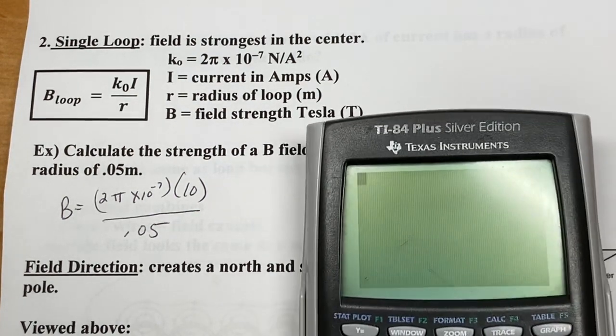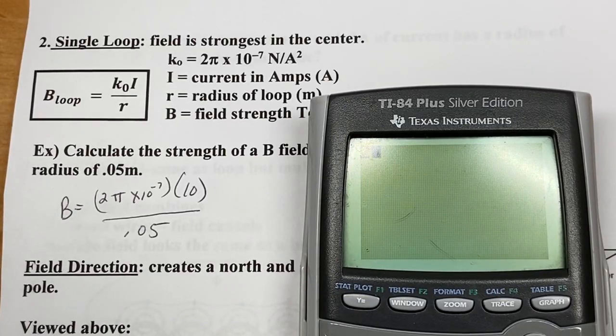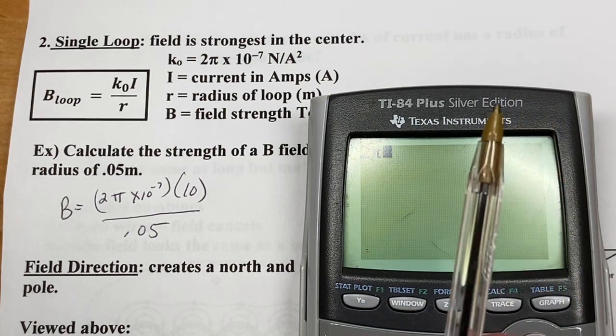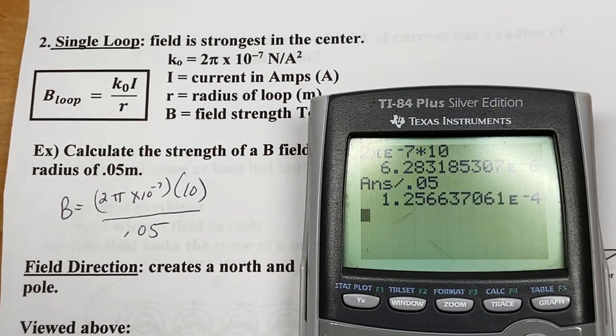All right, so let's just try this. 2 pi, second EE negative 7 should work, times 10 divided by 0.05. We're getting 1.25 times 10 to the negative 4 Tesla, and 1.26.